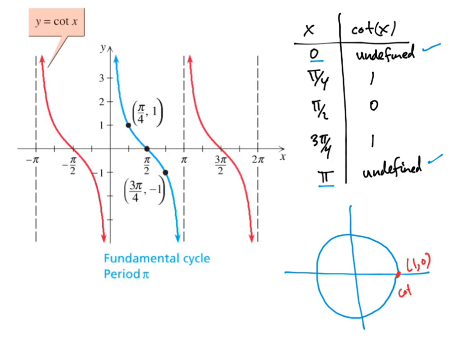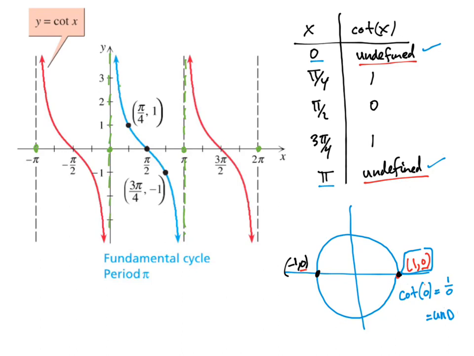Well, cotangent of theta, so at this position, 1, comma 0, that's an angle of 0, and cotangent is the x-coordinate over the y-coordinate. We get 1 over 0. This is why this function is undefined. So we will get cotangent being undefined anytime we have a y-coordinate equal to 0, because that'll end up in the denominator. So that happens at 0, at pi, at 2 pi. So at any integer multiple of pi, that's where cotangent will be undefined, and that's also where the asymptotes are going to be.